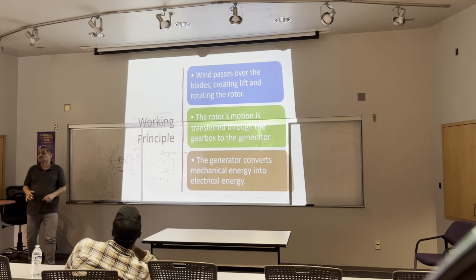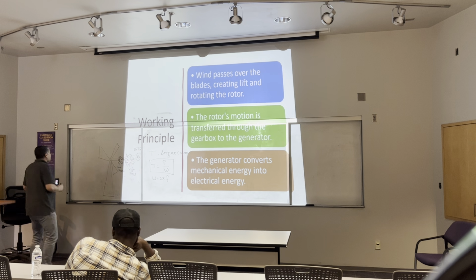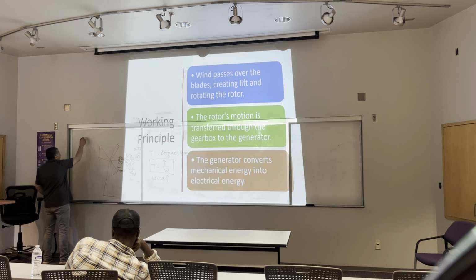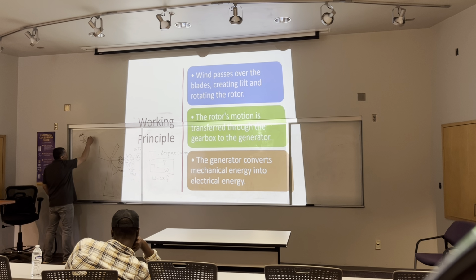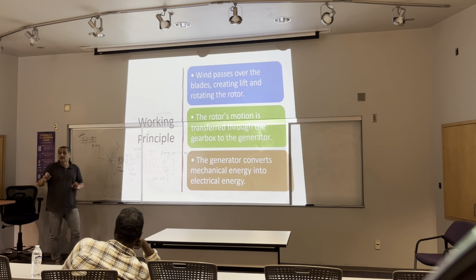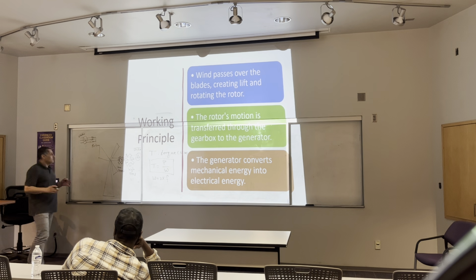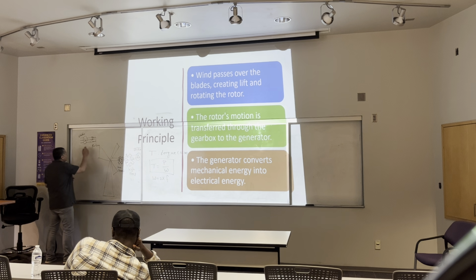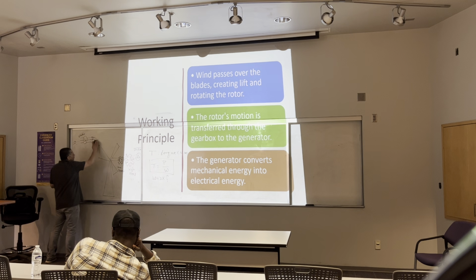Double feed induction generator means this is the generator, this is the stator, this is the rotor, stator and rotor. The feed will come to the stator input and to the rotor.